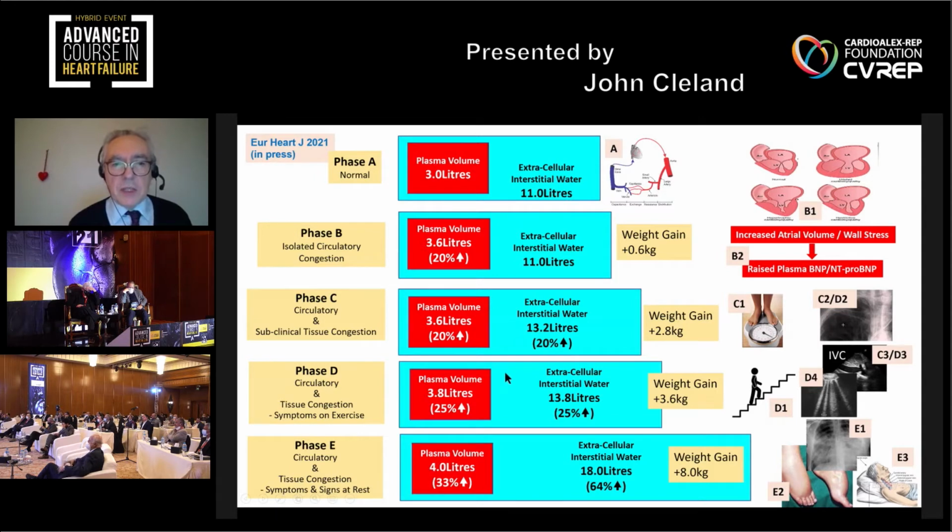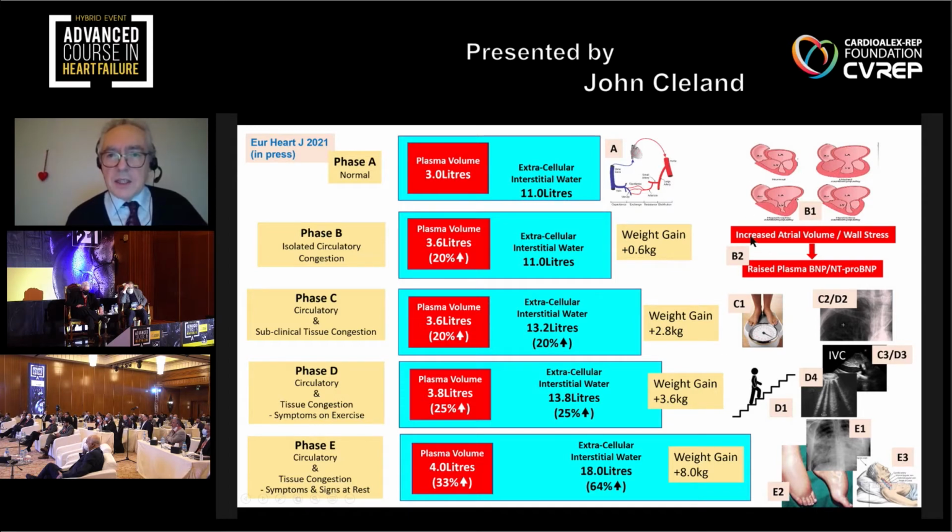But you get there in a number of stages, and in fact, the plasma volume increases only slightly during the course of congestion. The weight gain is subliminal to begin with, and it's only as you progress that you see the progressive weight gain.